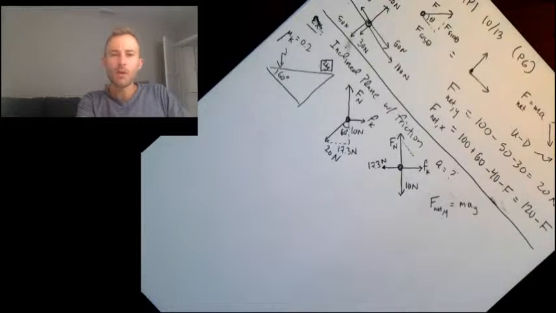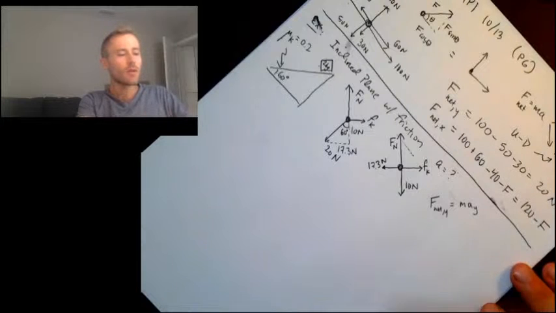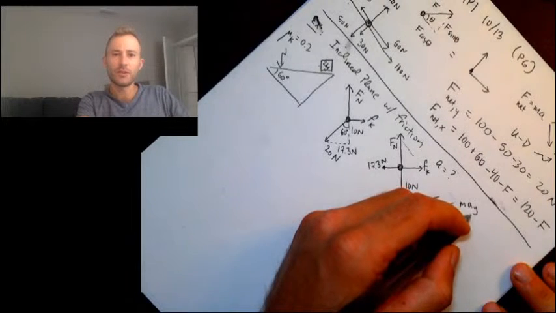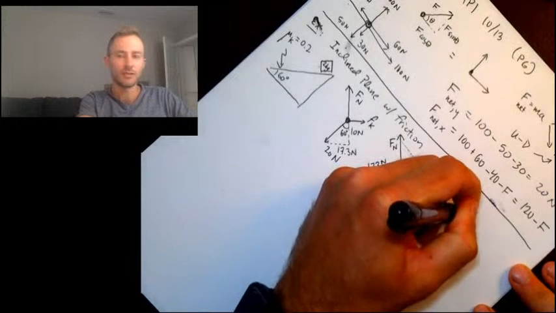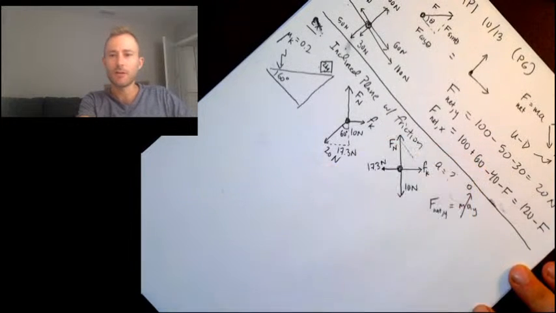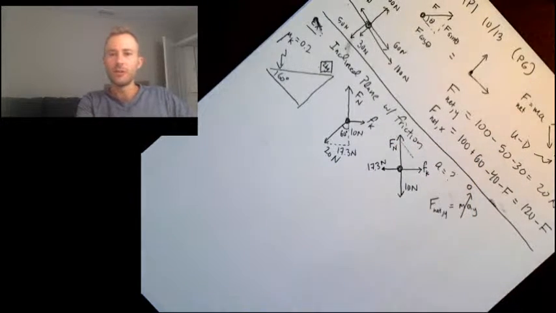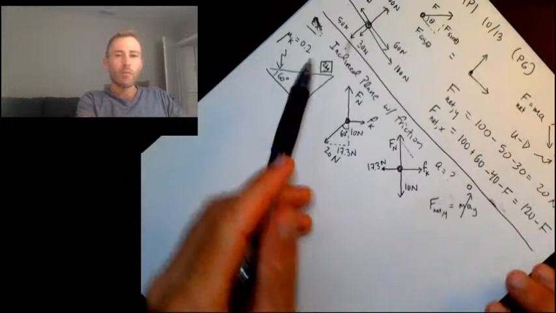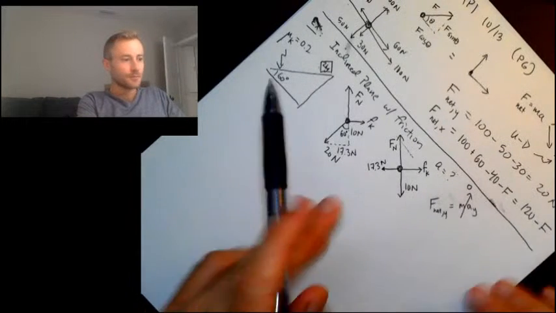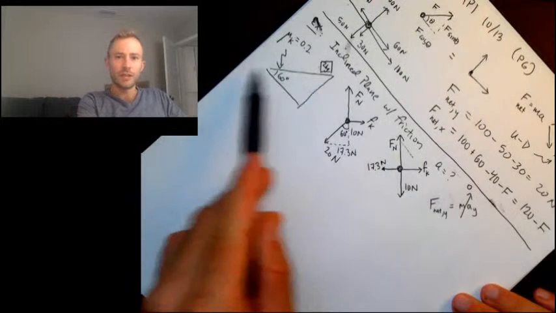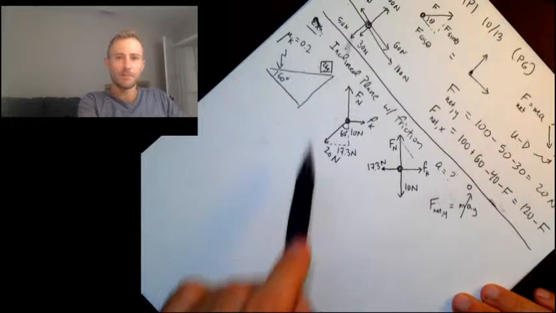Now, in this problem, the y component of the acceleration is actually 0. Okay? The reason that the y acceleration is 0 is because from this perspective, the block is moving side to side. It's not moving up and down. Okay?